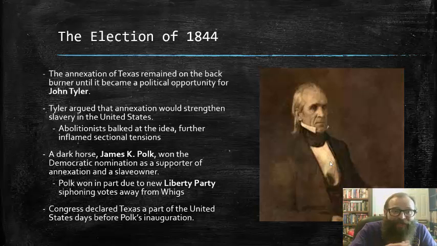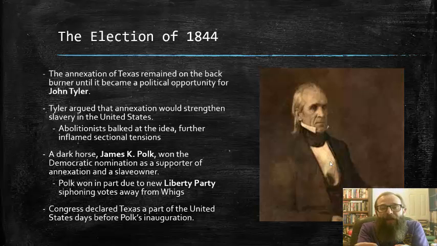However, in the election of 1844, a dark horse Democratic candidate, James K. Polk, won the Democratic nomination mainly with Southern support as a supporter of annexation and a slave owner himself. Polk won the election of 1844 in part due to the new Liberty Party that we discussed in the previous lecture series, that party that was formed as an abolitionist party.